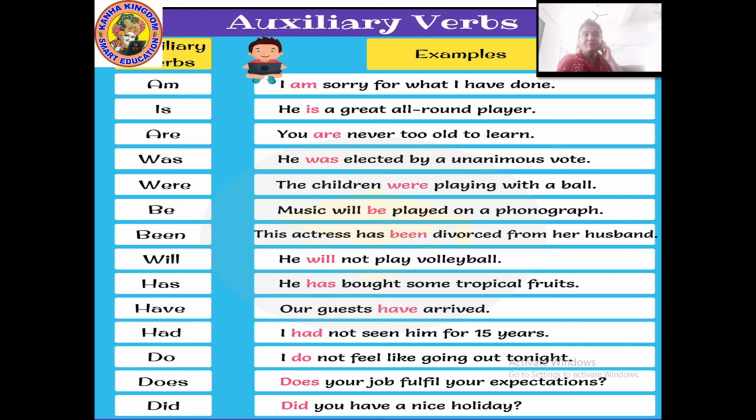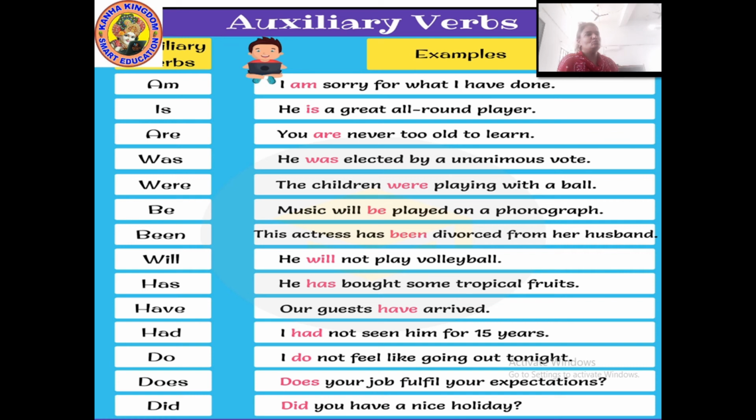Have is an auxiliary verb. Okay. Had. I had not seen him for 15 years. Had again is a form of an auxiliary verb which is used in past tense. Seen is the third form of the verb see.